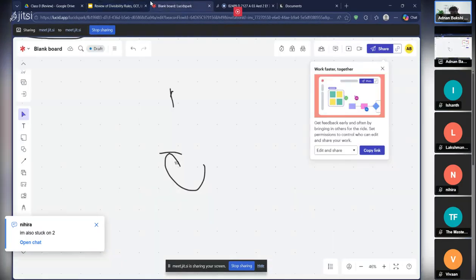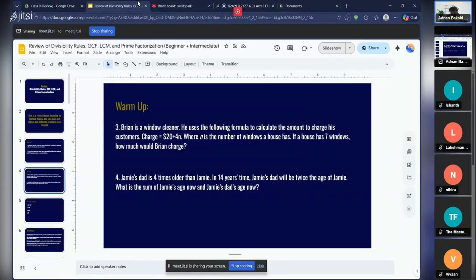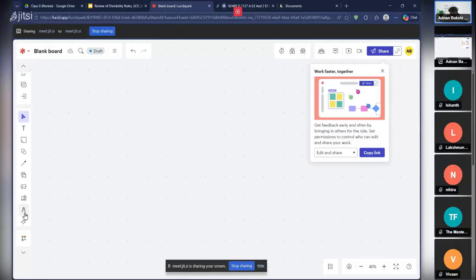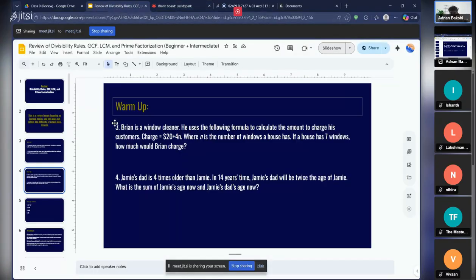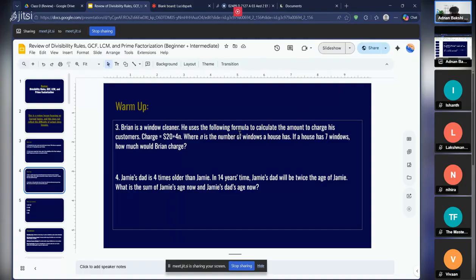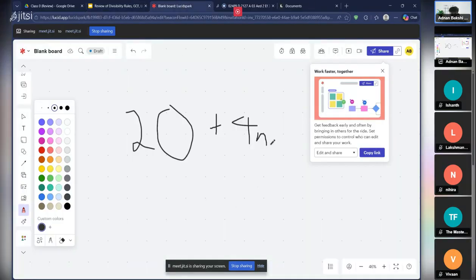So the equation we were given is 20 plus 4n. That would be the total cost, right? We see that n is the number of windows a house has, and we know the house we are looking at has 7 windows. So n is equal to 7.